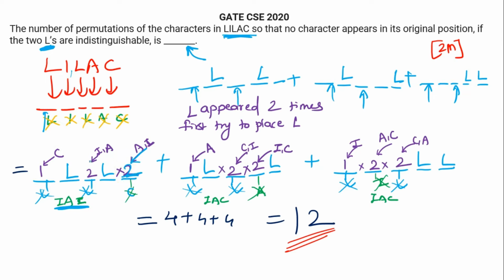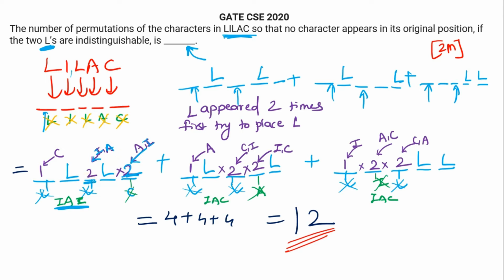Now if you place A and I over here, how many ways are there to keep the characters? If I am placing A over here, I can keep I over here. If I am placing I over here, I can keep A over here. So there will be two possible ways to keep I and A over here.